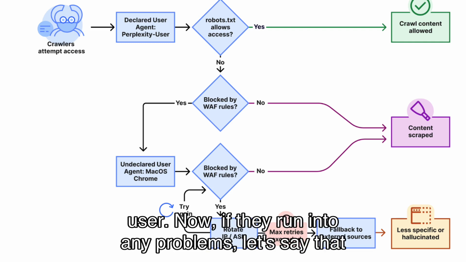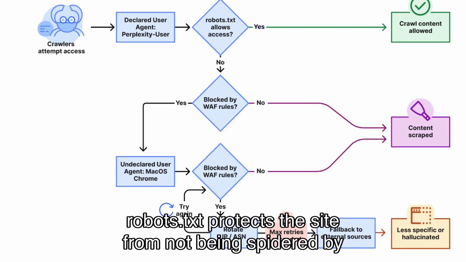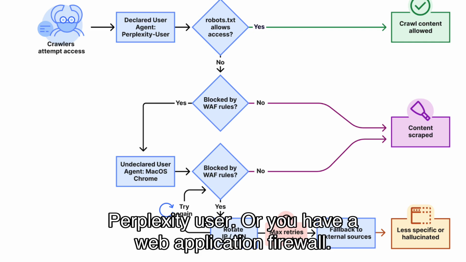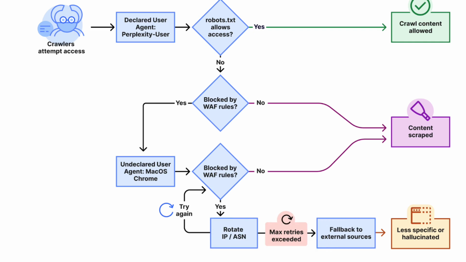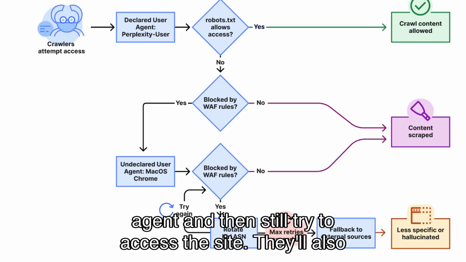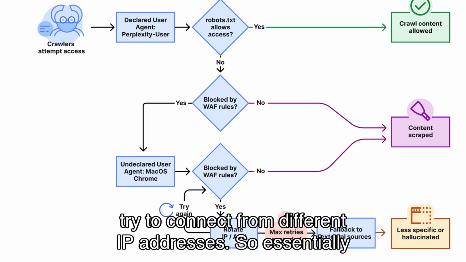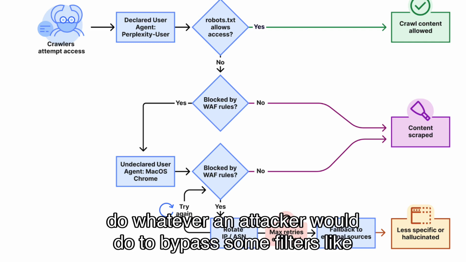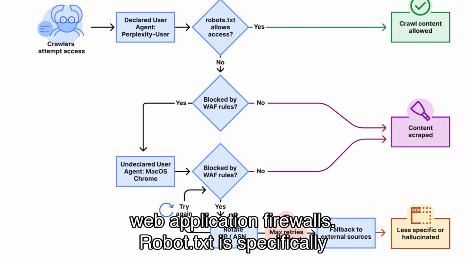Now, if they run into any problems, let's say that robots.txt protects the site from being spidered by Perplexity-User, or you have a web application firewall, well, in that case, they will actually modify their user agent and then still try to access the site. They'll also try to connect from different IP addresses. So essentially do whatever an attacker would do to bypass filters like web application firewalls.